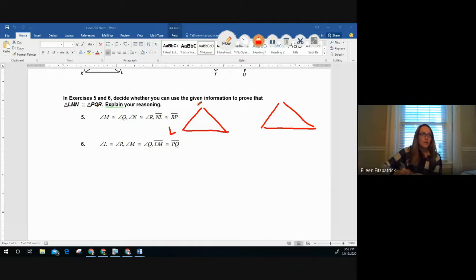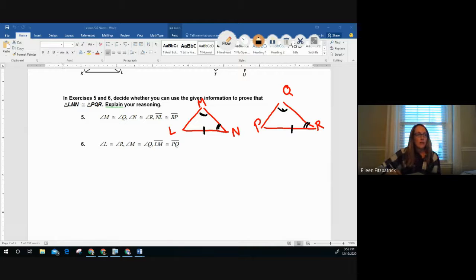Label one LMN, and the other one, make sure you label it consistently, PQR. And for the first problem, you're told that angle M is congruent to angle Q. You're told that angle N is congruent to angle R. And you're told that side NL is congruent to side RP.